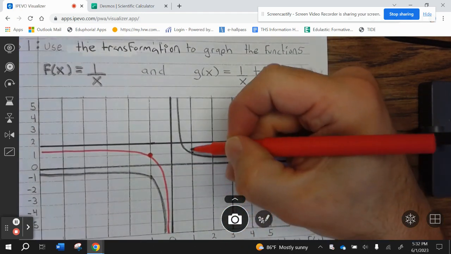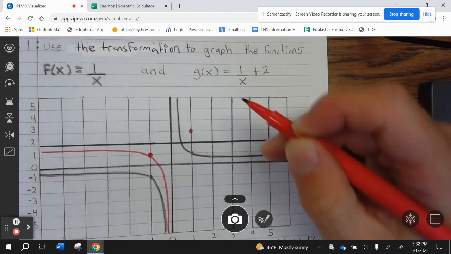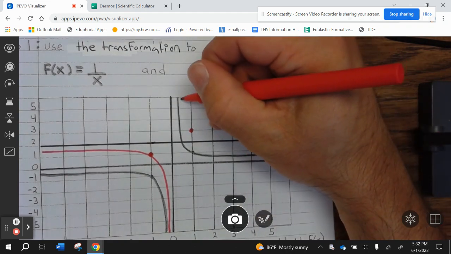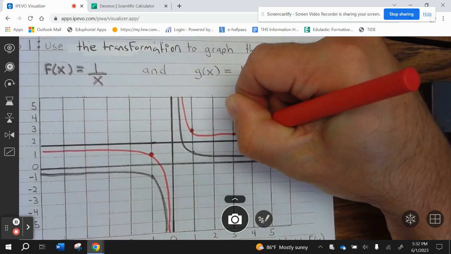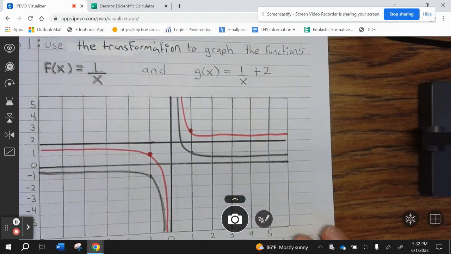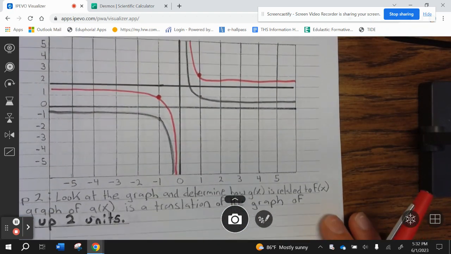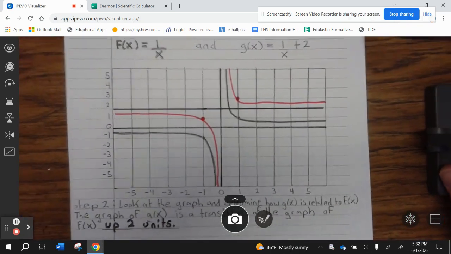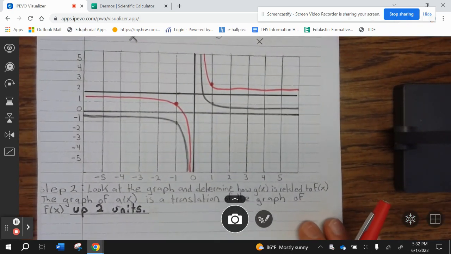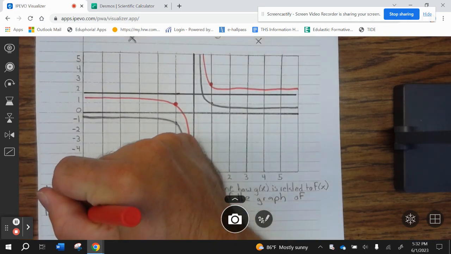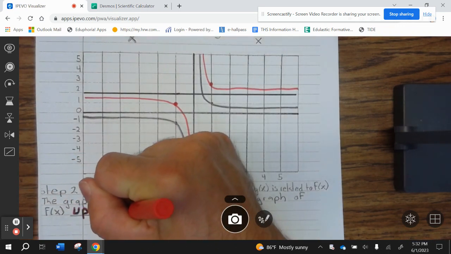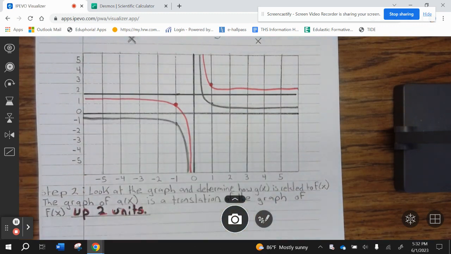Okay. This point goes up 1, 2. And the graph looks like this. So the graph went up 2 units. All right, go and finish up example number 1.